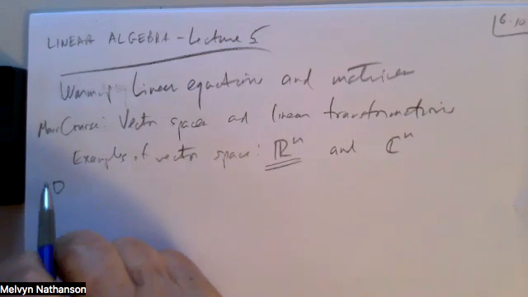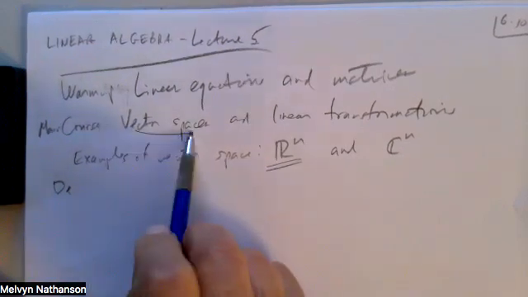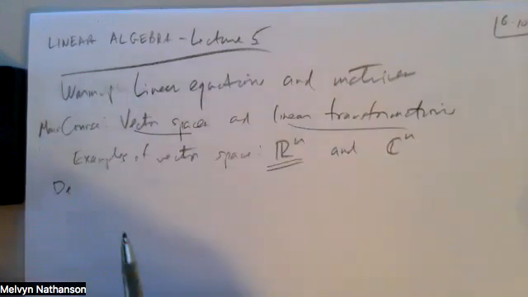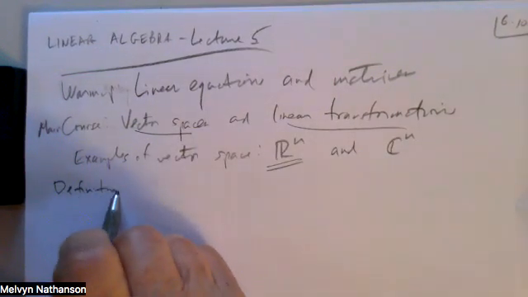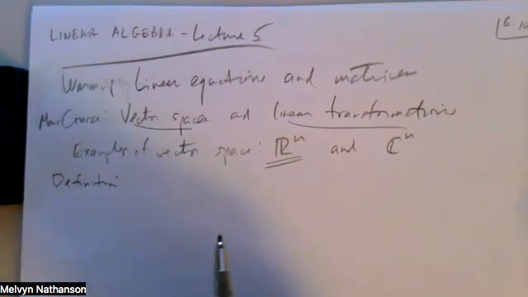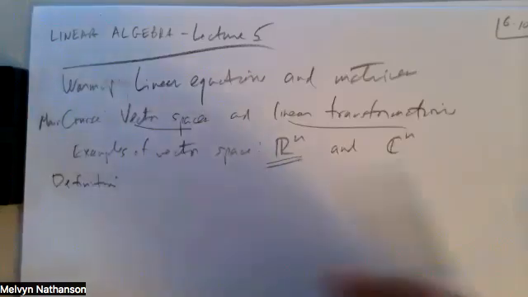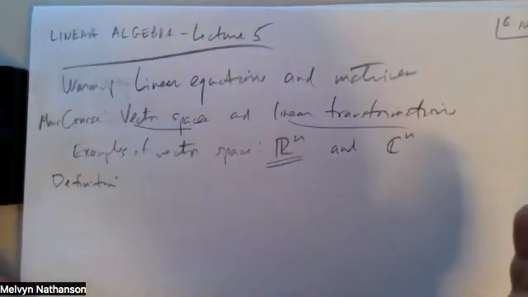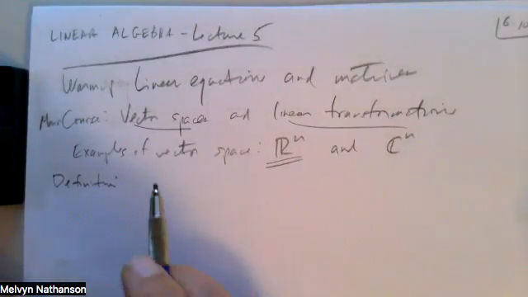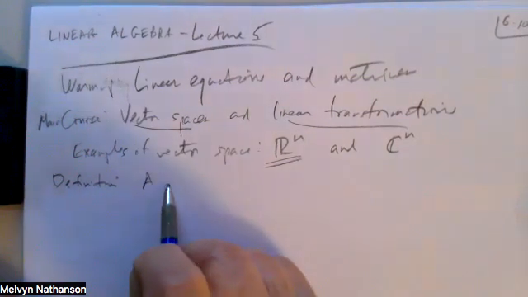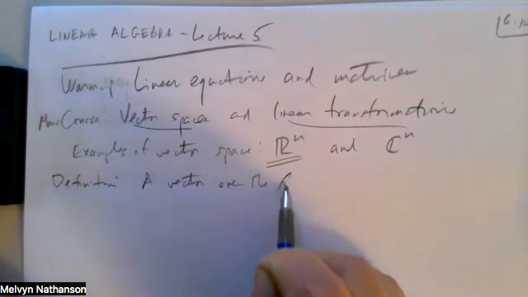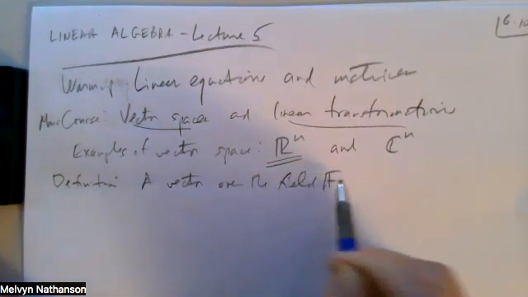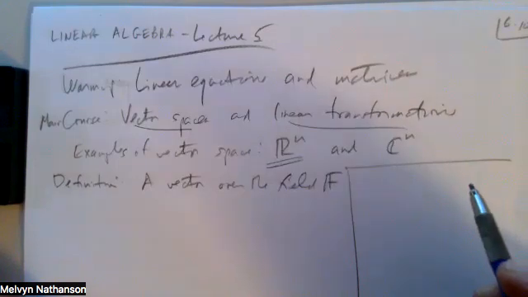So the most important definitions are definition of a vector space, definition of a linear transformation. So let me state this formally, and you can check that Rn satisfies all of the properties of a vector space, of course. So a vector space over the field F. So I should add a little note.